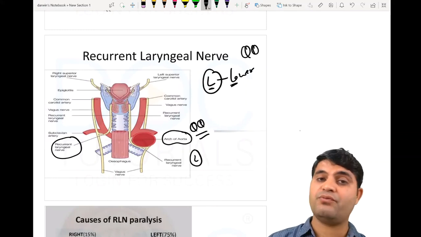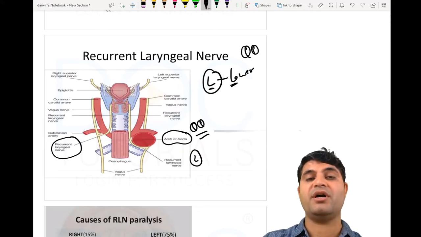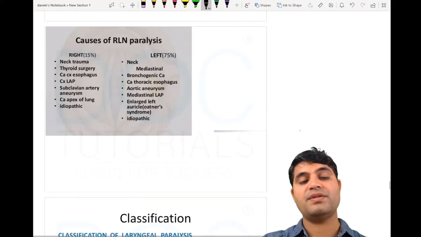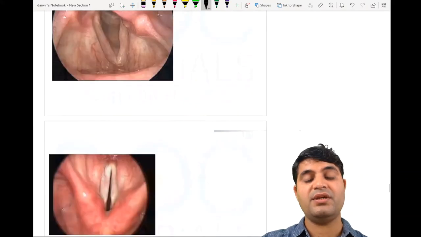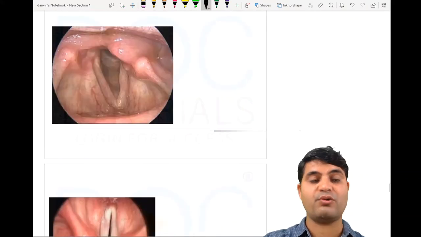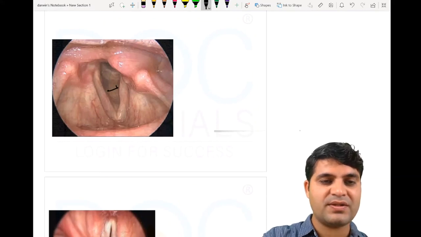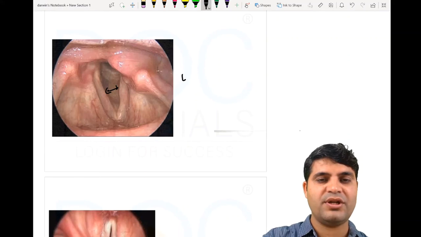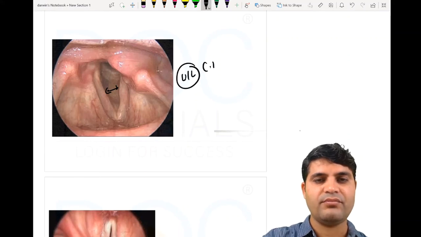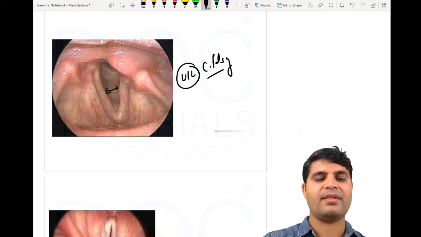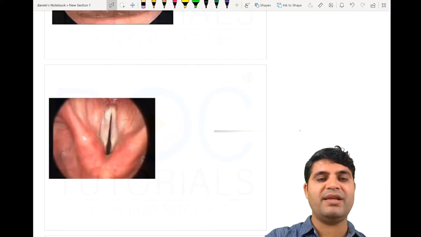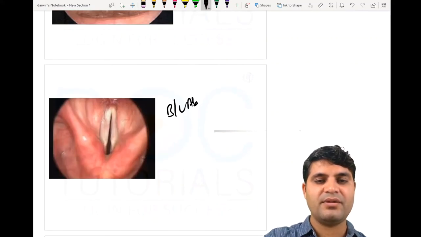So one question would definitely be asked regarding all these cranial nerve, these vocal cord paralysis. Like in this picture you can see one cord is lateralized. So this is unilateral cord palsy. Whereas this is bilateral abductor cord paralysis.